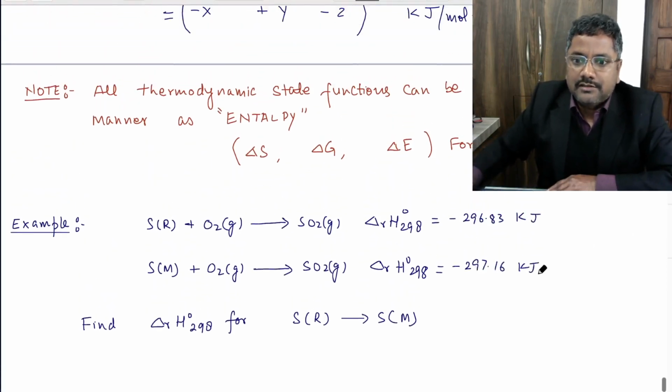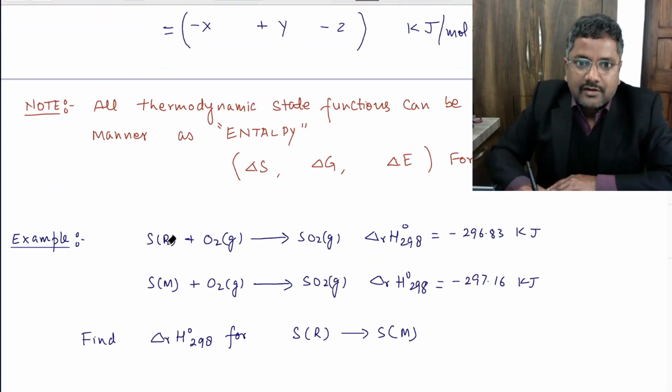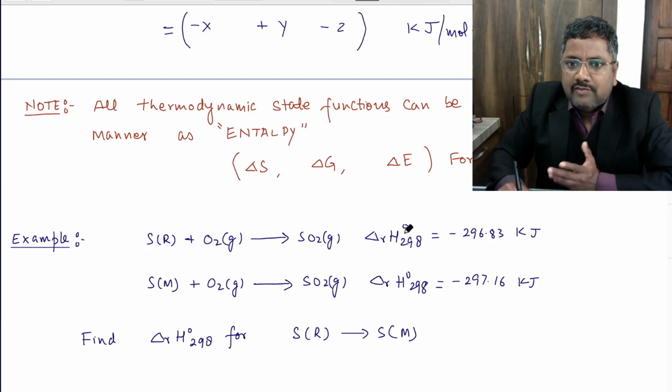Sulfur, one crystalline form of sulfur, as all of you know, and this is a combustion reaction, O2 gas, and delta H naught. This naught means 1 bar and 298 Kelvin. This enthalpy change is given.